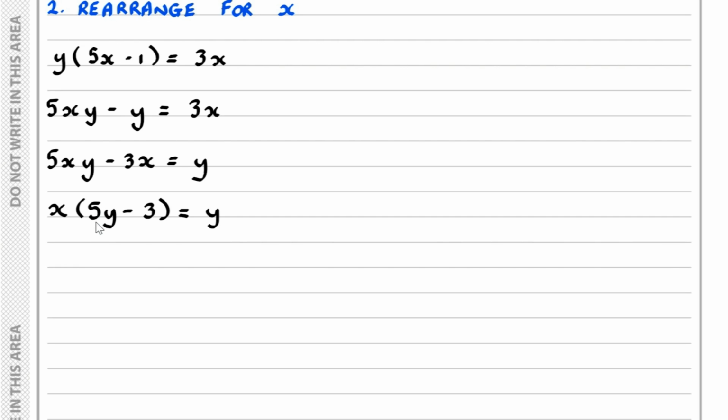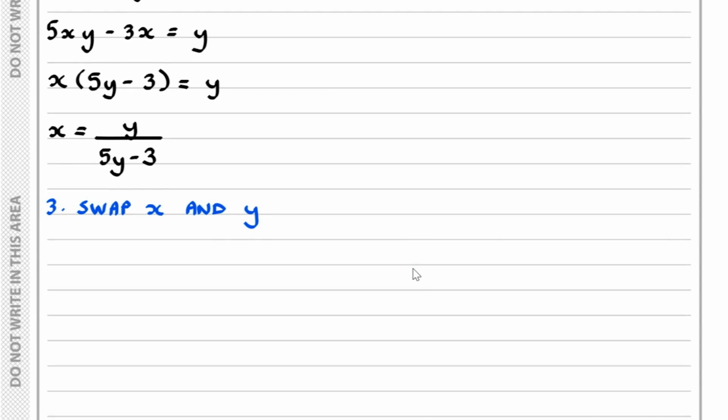Divide through by 5y minus 3, leaving us with x equals y over 5y minus 3. Our third step would be to swap x and y.